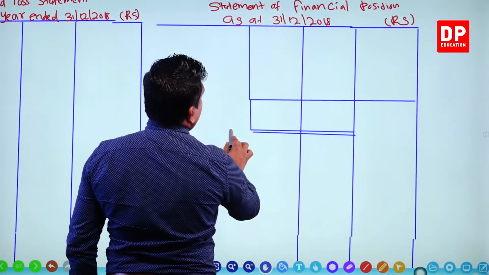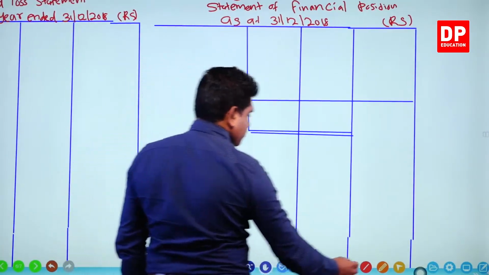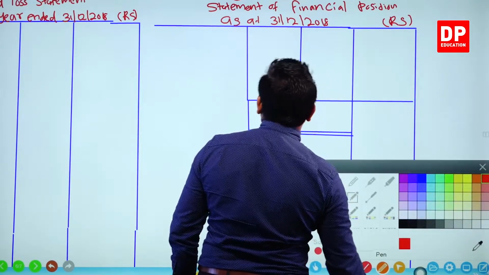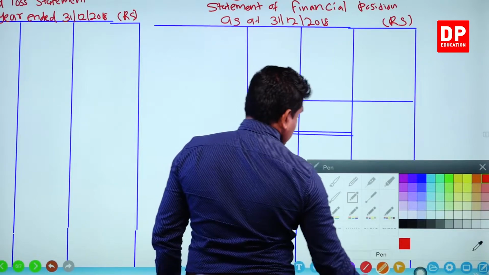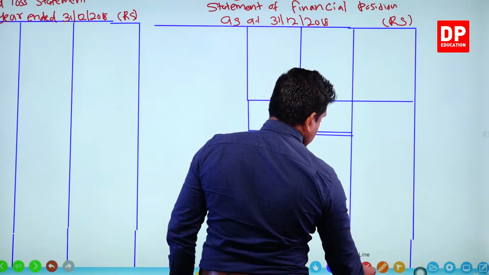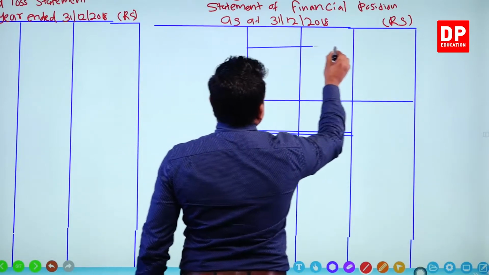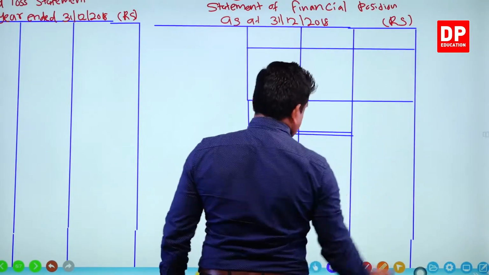Now we move to the statement of financial position. Here you draw a line to name the columns.